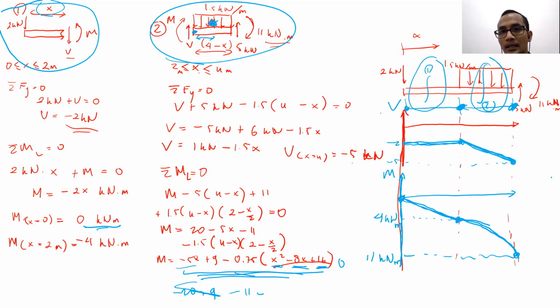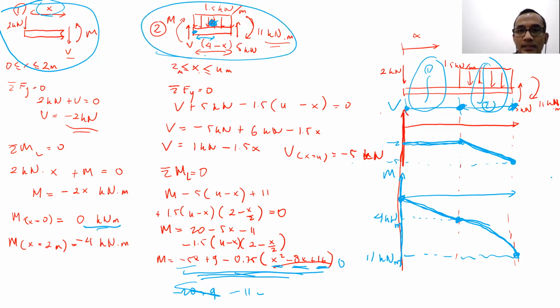For the second cut, we can represent it from the left side of the cut or the right side of the cut. It is much easier to draw it from the right side of the cut, because we need to draw the effect of the distributed load like this.